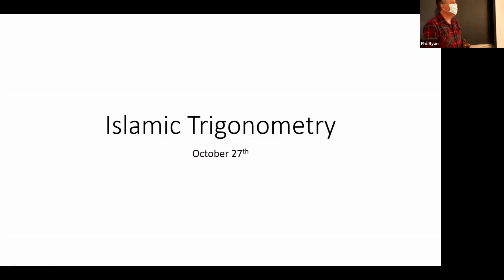Okay, so we're doing trigonometry. And so we've seen what the ancient sources of trigonometry were. Basically, it started with the Greeks who wanted to do astronomy.